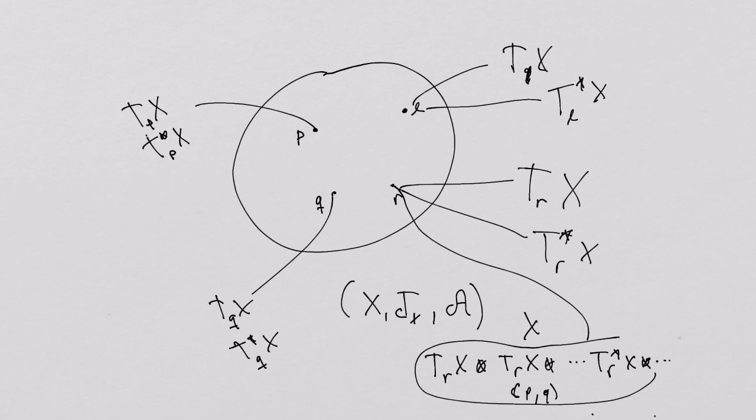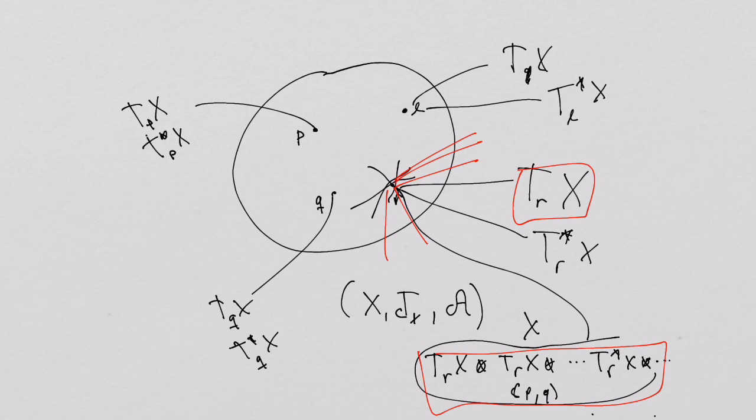Every point can make one of those because they're all built out of the curves that go through those points, and out of all the C infinity functions that might send that point to the real numbers. So you can construct all the tensor product spaces out of the tangent space and the cotangent space at each point on the manifold.